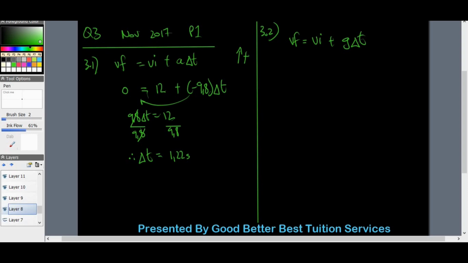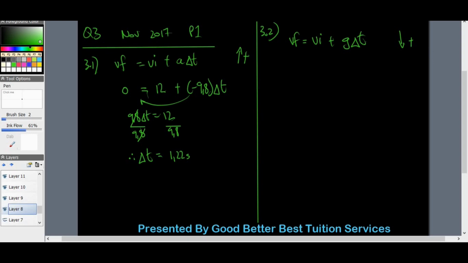Now, boys and girls, ladies and gentlemen, I'm going to change my direction because I'm more concerned about stone B's direction. I'm going to make downwards my positive direction here, because I'm trying to calculate v, and v that is unknown is associated with stone B, and stone B is going downwards.